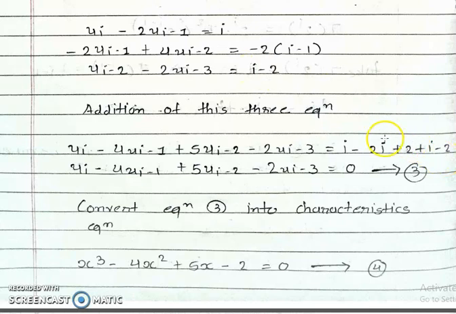So cancel -2i and the i + i terms, and 2 - 2. So we get the right-hand side should be 0.